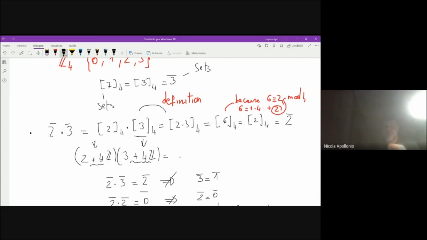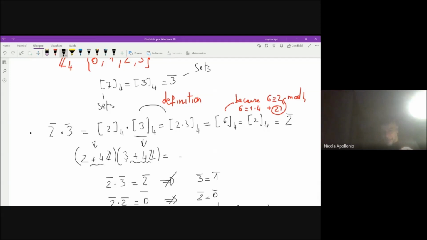If I change the element chosen in the first set and the element chosen in the second set, or at least one of the two elements, the result would be different. Actually, you are right, it is different, but it is different in a way that is not essential. We will see.